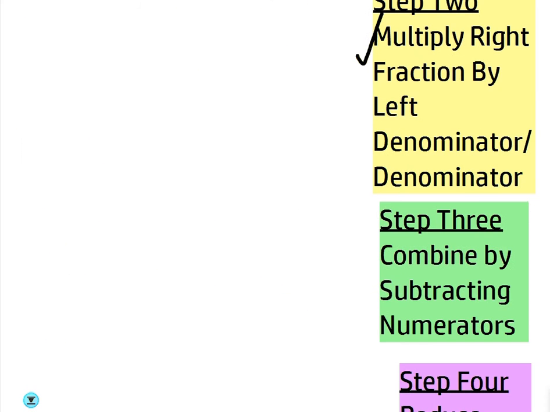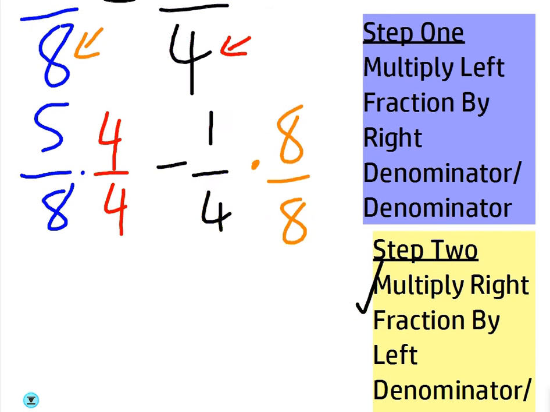All right, so step 3, we're going to combine by subtracting the numerators. Remember, if you do this right, the denominators will be the same. So over here we have 5 times 4, which is 20, over 32.